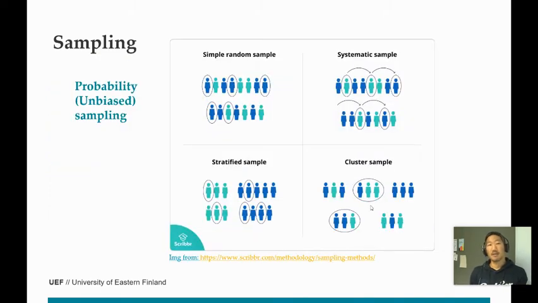For the probability sampling method, there are lots, but I will introduce four types. The first one is the simple random sample method. In this method, every member of the population has an equal chance to participate in your research. To conduct the simple random sample method, we usually use a random number generator.